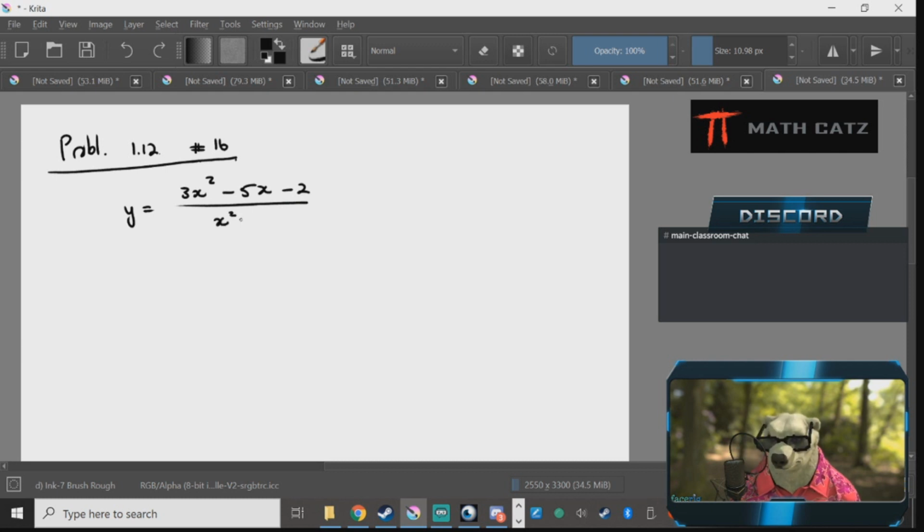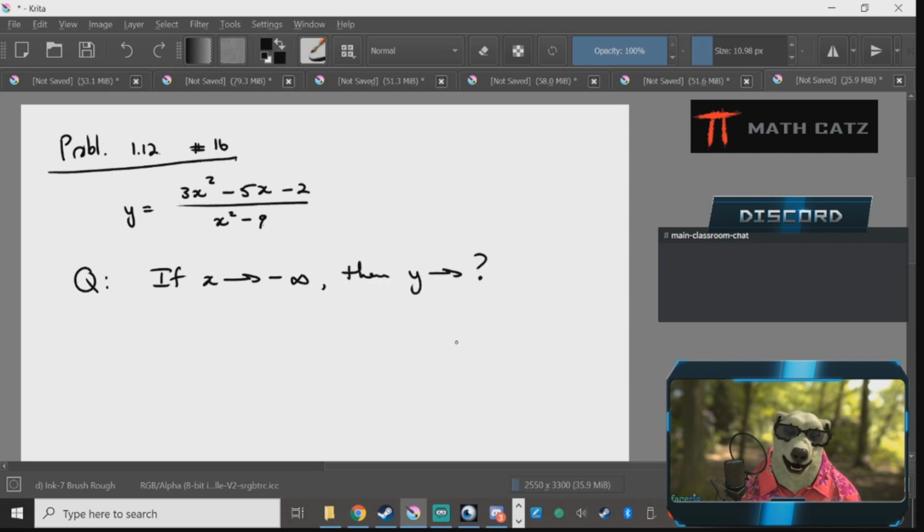And the bottom polynomial is x squared minus 9. Here's my question. If x approaches negative infinity, then y approaches what? Same question as we did yesterday. Same problem set. It's just now it's a different kind of function, and potentially the way I handle that is different.